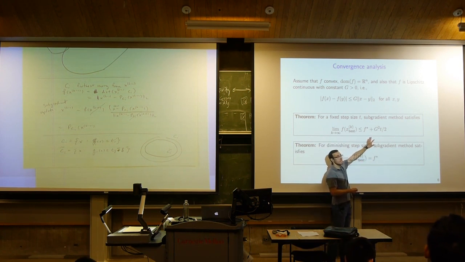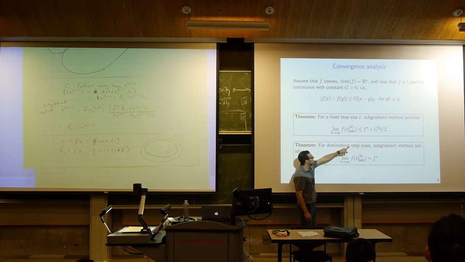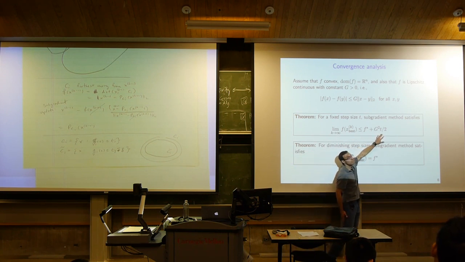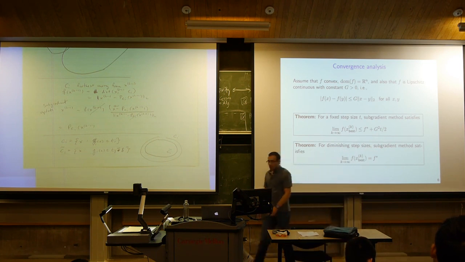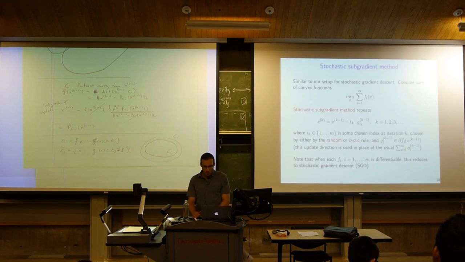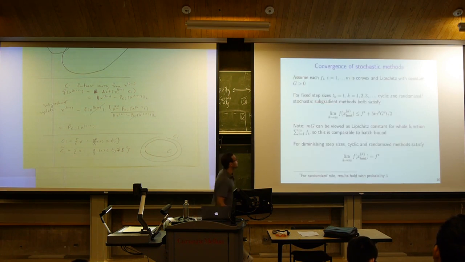So here we saw with subgradient method, if we take a fixed step size t and we let this run forever, then the suboptimality gap is basically G squared times t over 2. So it's made smaller as we take smaller and smaller steps. Here, the only difference I claim is really the 5, because we can think about this quantity, mG squared. mG is really the Lipschitz constant for our whole function.